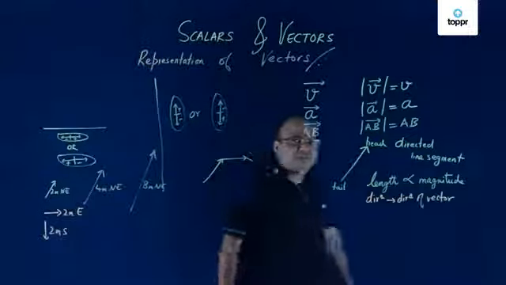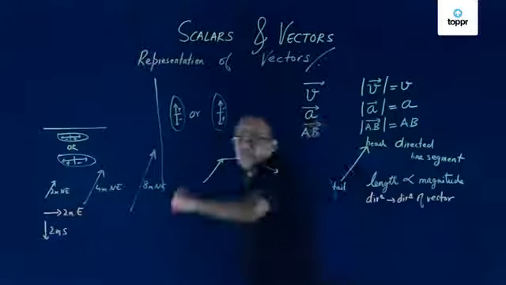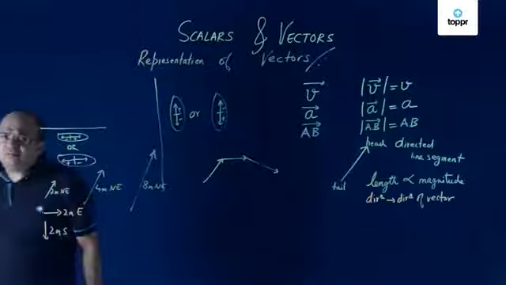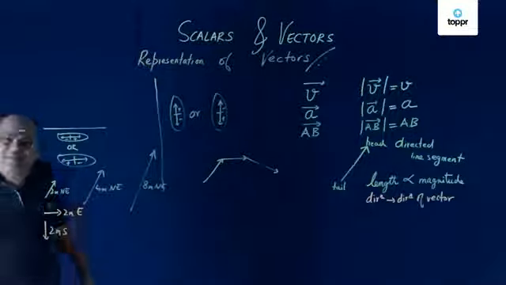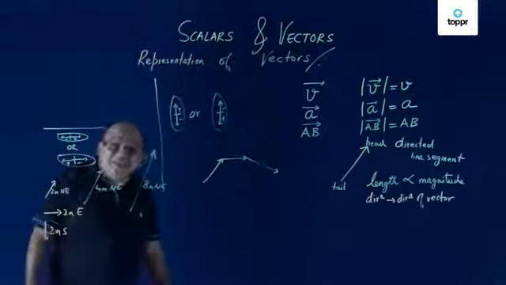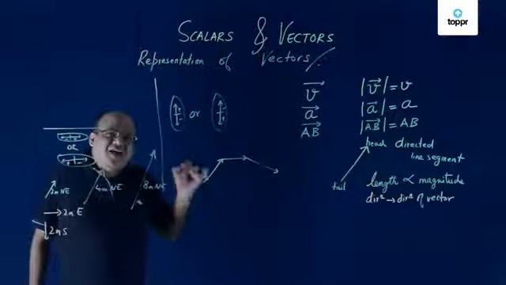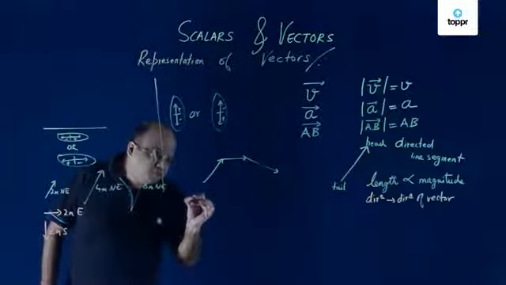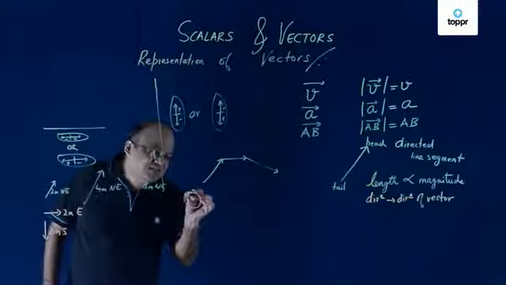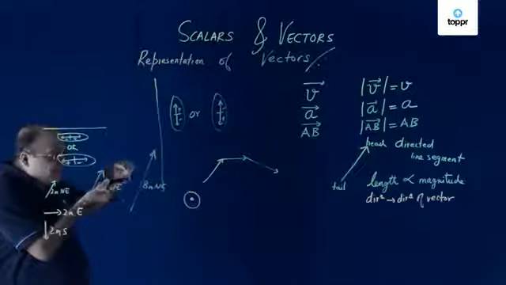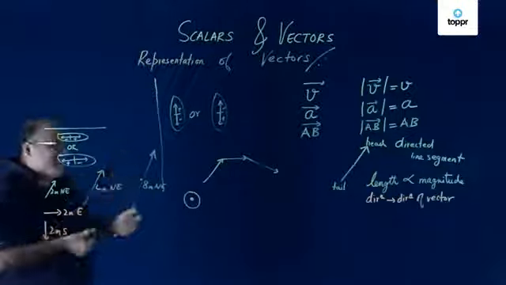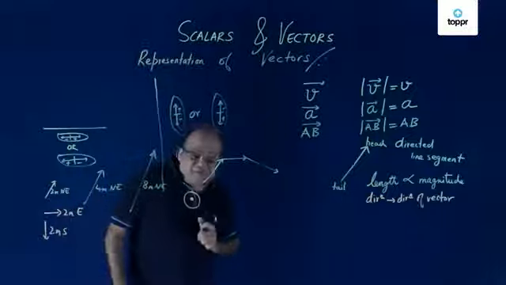Now, how to show a vector that is into the board or out of the board? How to show a vector into the paper, out of the paper? We are writing on paper. A vector out of the board or out of the paper we show like this. This is like the front of an arrow. Front of an arrow will be a dot, right? So this is out of the paper or out of the board.